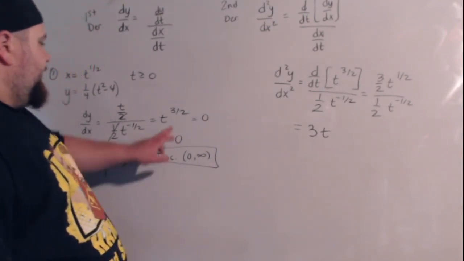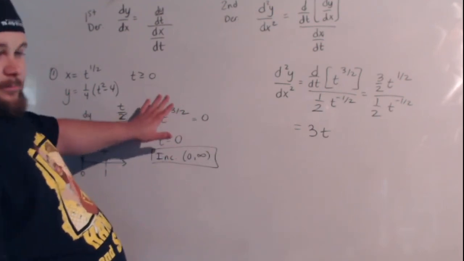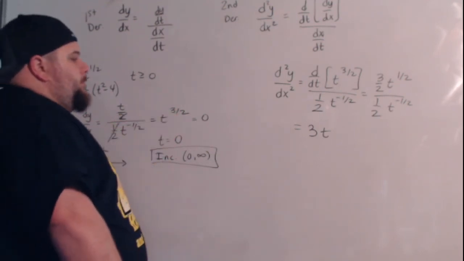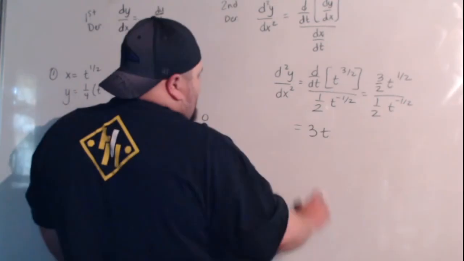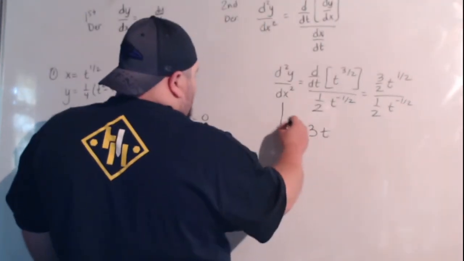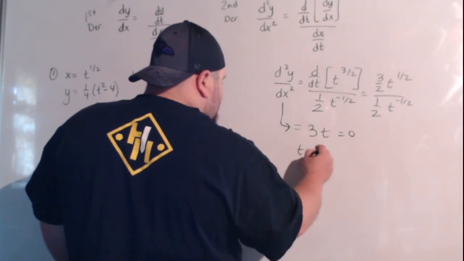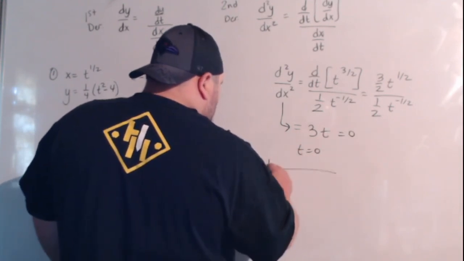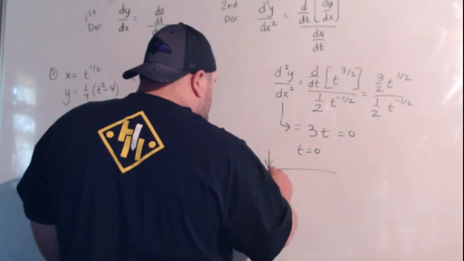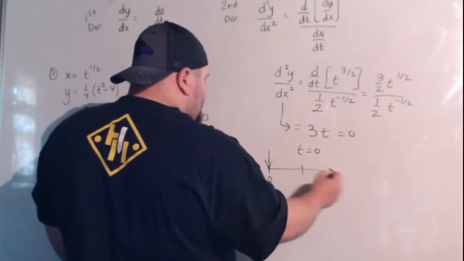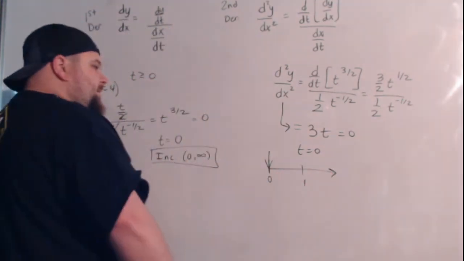All right, so it's not as simple as just bringing that down. So 3t for the second derivative, which means set it to 0. You get t equals 0 yet again. We can't go beyond that anyway. So we just need a single test point. I choose 1 because it's easy.